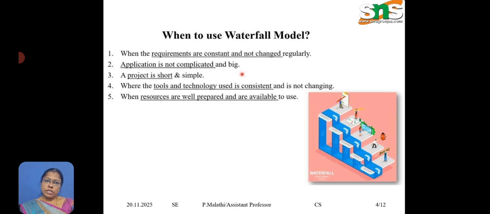When our project is short and simple, when the tools and technology used and the process are consistent and will not be changed, and when the resources are well prepared and available to use, we can use this kind of model. This is the primary model that developers used to develop software in the previous days.